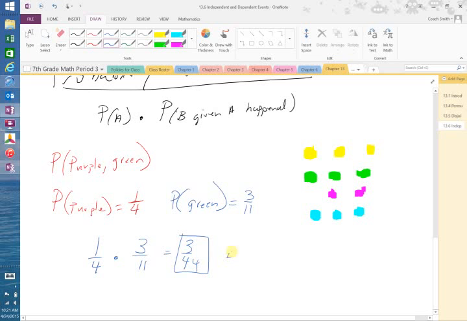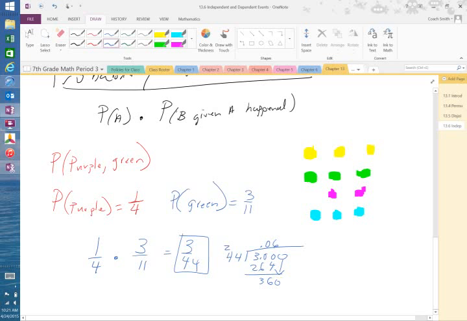Okay, if we want it in decimal form, 3 over 44. 4 doesn't go into 3, 4 goes into 30 7 times. Nope, it's going to have to be 6. 6 times 4, carry my 2. 6 times 4 is 24, plus 2 is 26, that's 36.